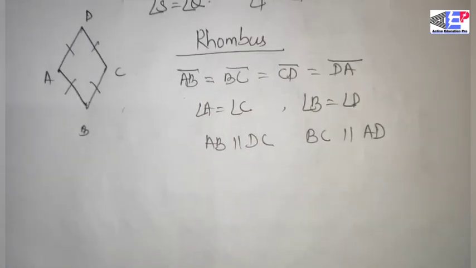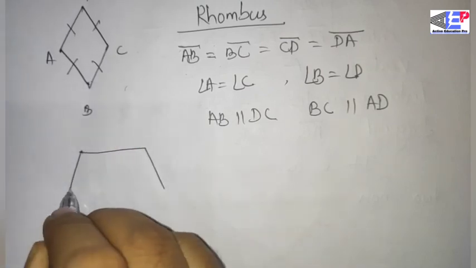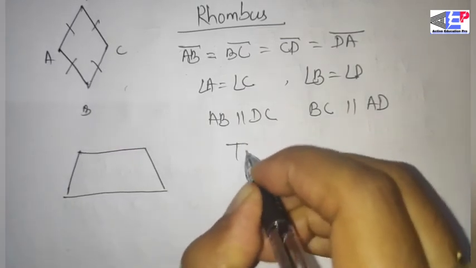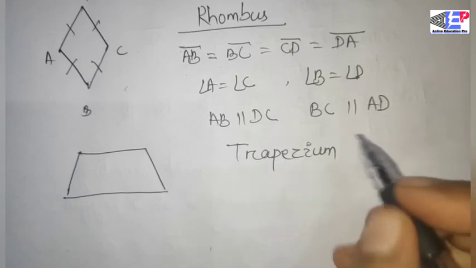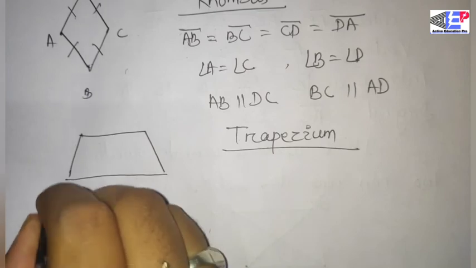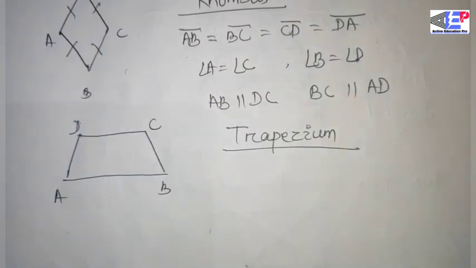And the last one is trapezium. Okay, A, B, C, D. In a trapezium, it must have at least one pair of parallel lines.